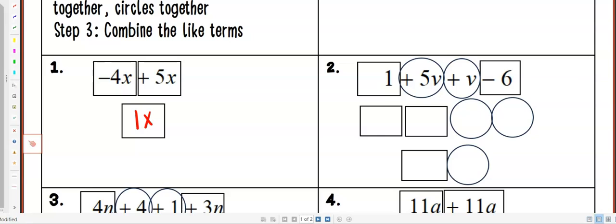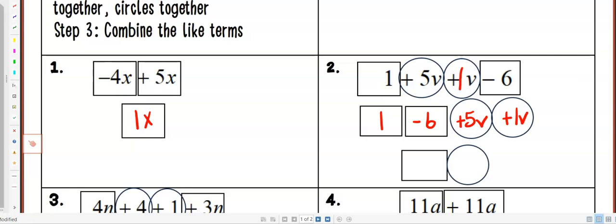Number 2, so here we see that we have positive 1, positive 5v, positive v, but that's also the same as positive 1v, negative 6. We're going to go ahead and combine our like terms together, so we have a positive 1 and negative 6, and then we have positive 5v, positive 1v.